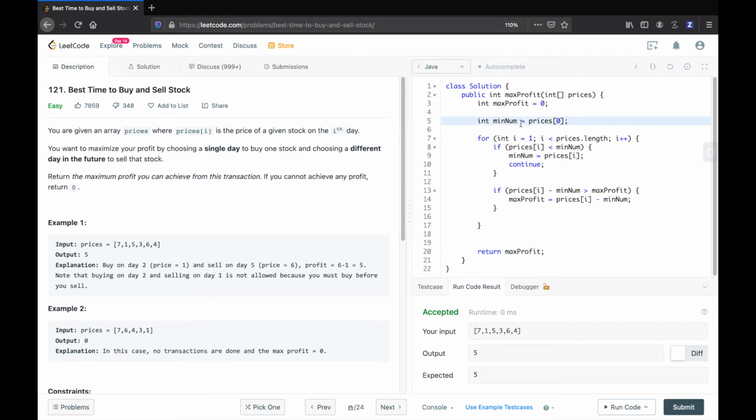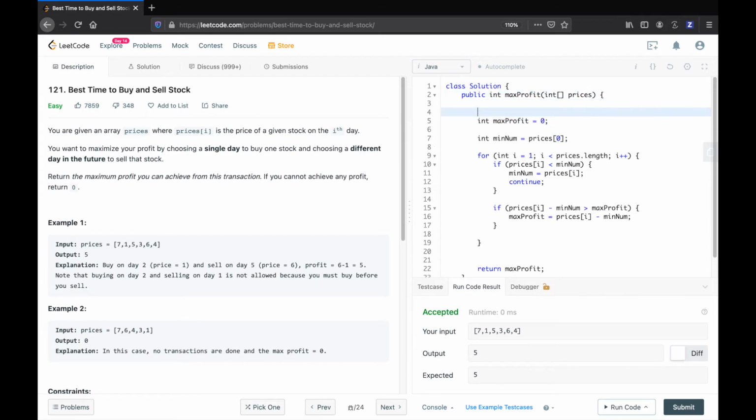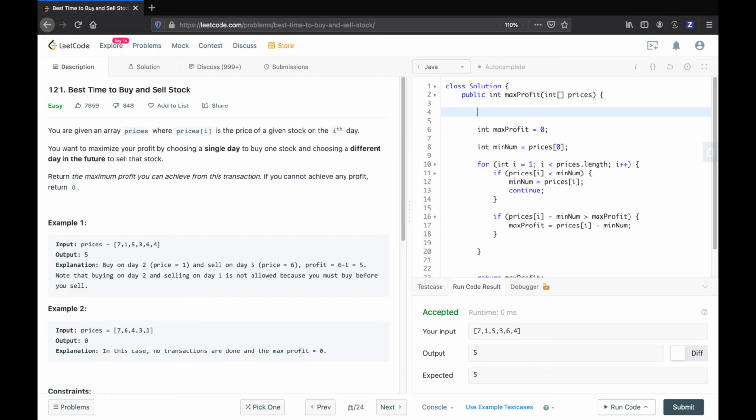The only thing that I would be worried about is we start off with accessing the 0th index. But what happens if the prices array is empty or null or something? So to combat that, we'll do one quick thing in the very, very beginning. We'll just check to see if our array isn't empty.